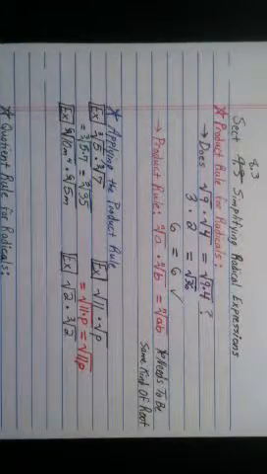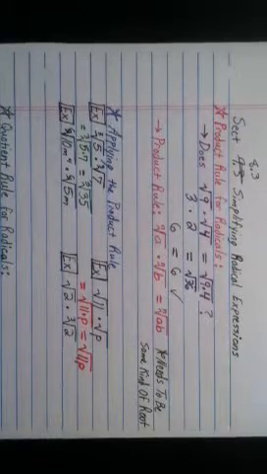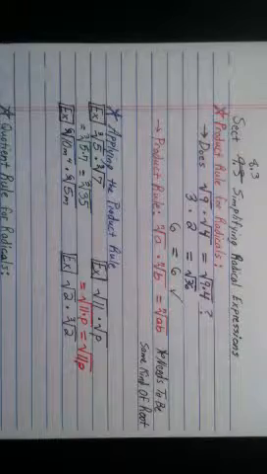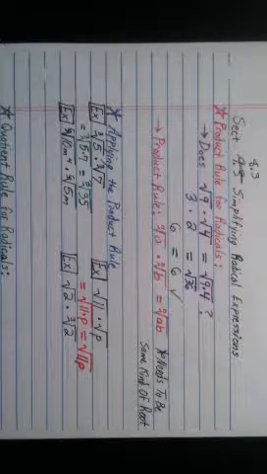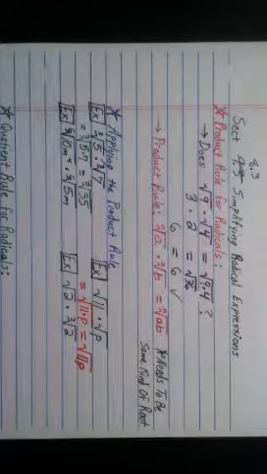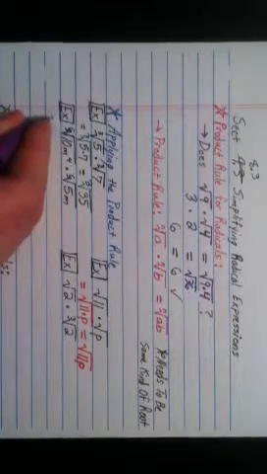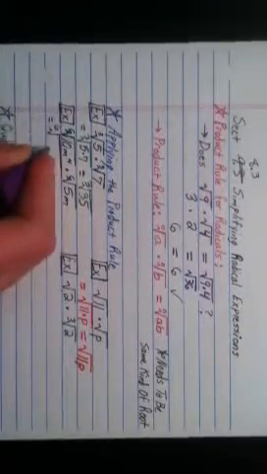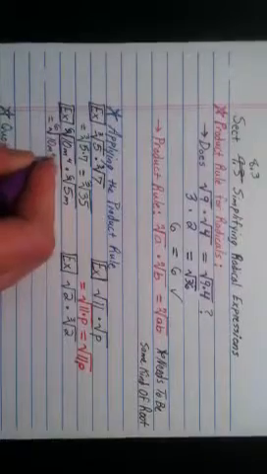Alright, next example, we have a 6th root of 10m to the 4th times another 6th root of 5m. They're both the same kind of root in that they're index 6, so we can combine these. This is going to equal the 6th root of 10m to the 4th times 5m.